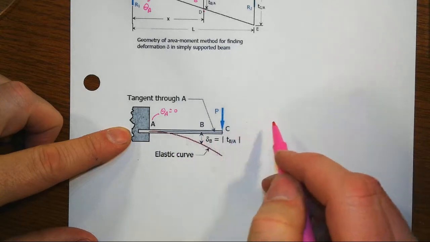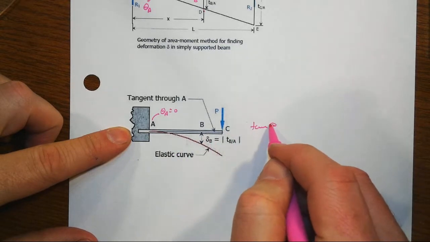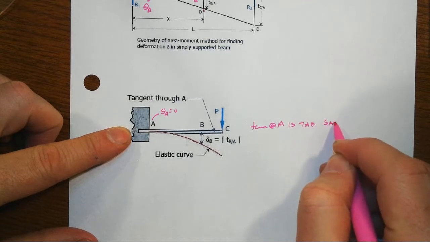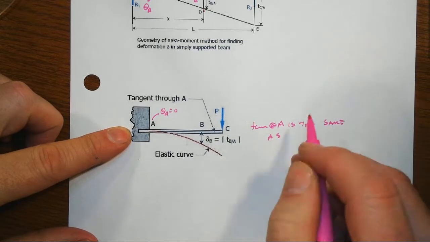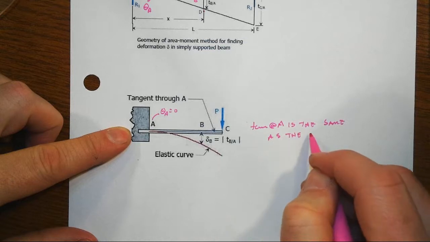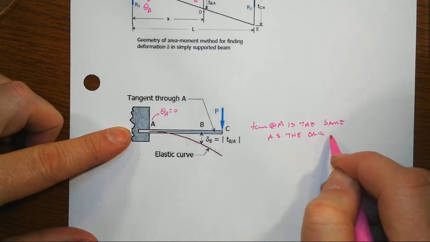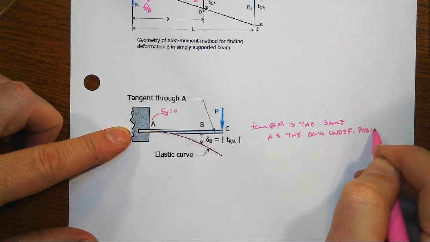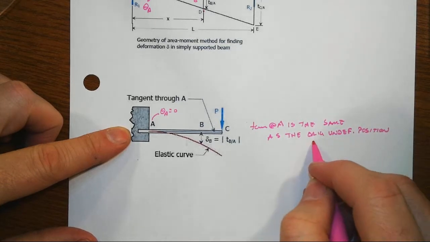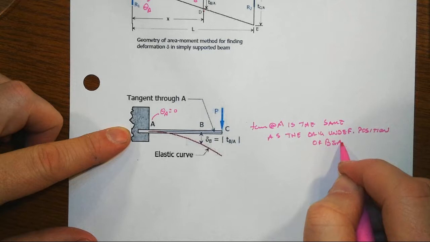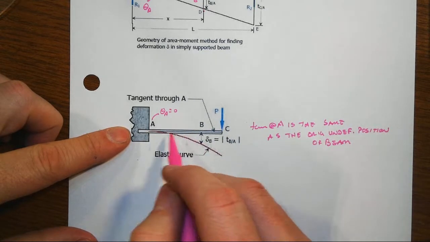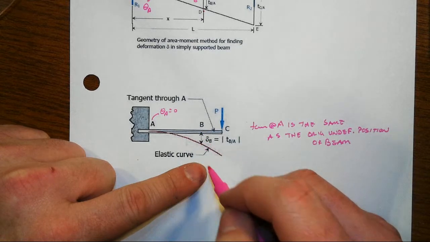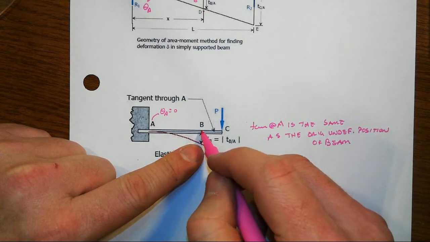So the tangent there, the tangent at A, is the same as the original undeflected position of the beam. And that's really handy, right? Because that means that the tangential deviation of any one point is exactly equal to the displacement of that point.